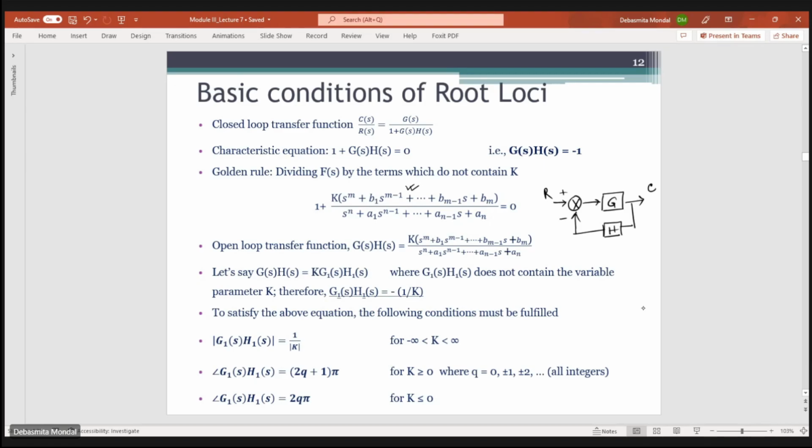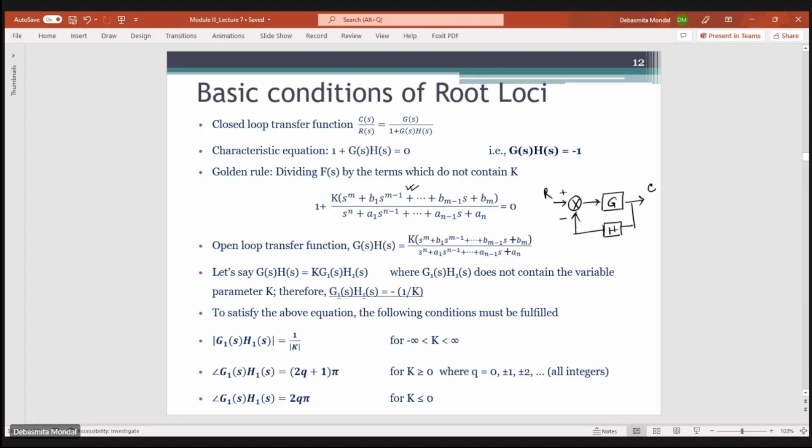Now G(s)H(s) will be equal to K multiplied by some other term, G1(s)H1(s), which does not contain the variable parameter K. Substituting G(s)H(s) with -1, you can write G1(s)H1(s) = -1/K.